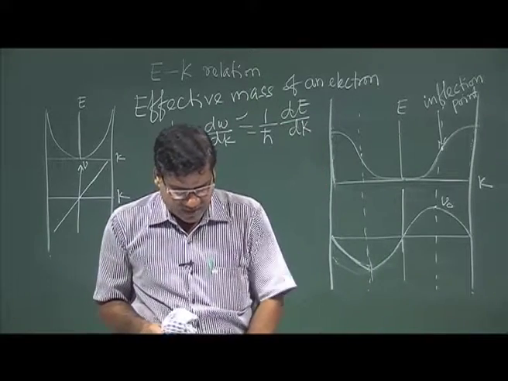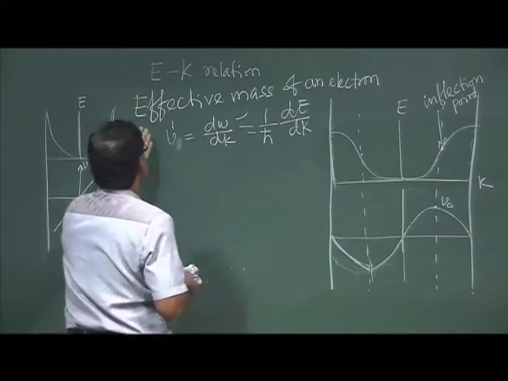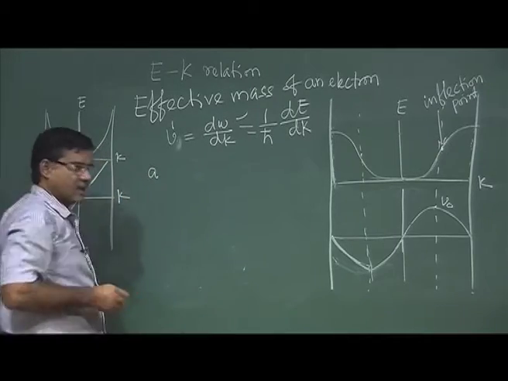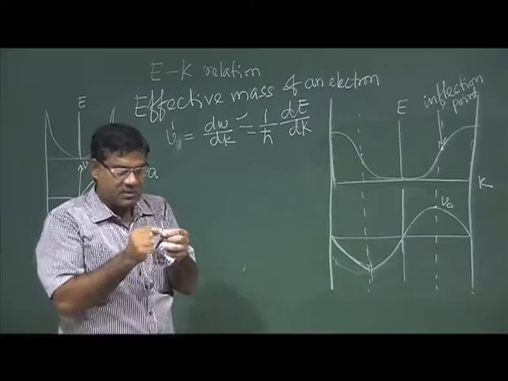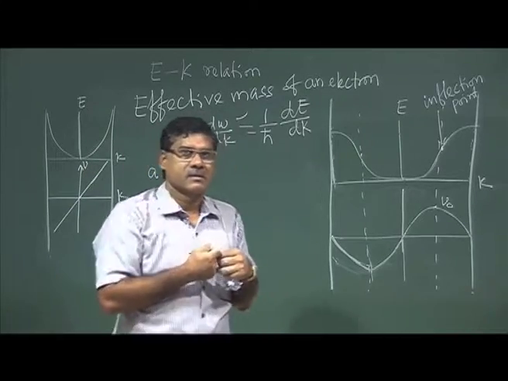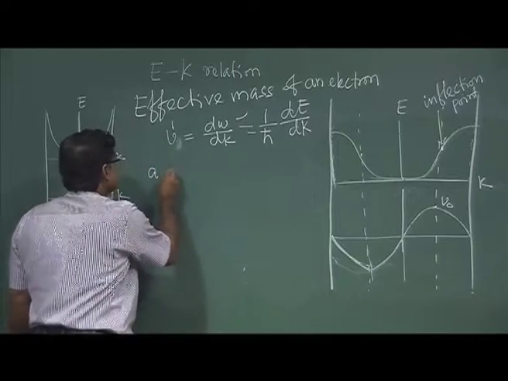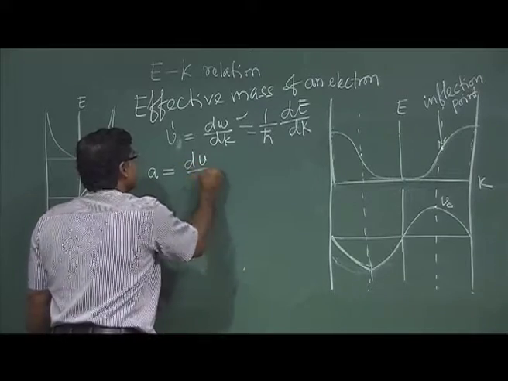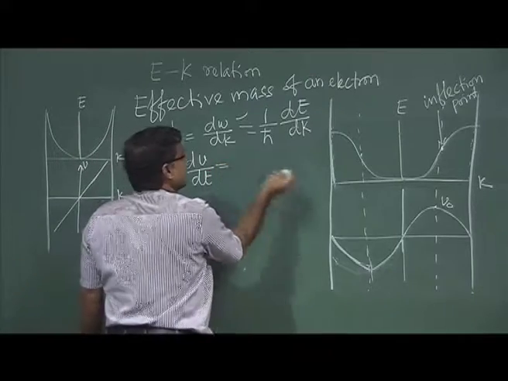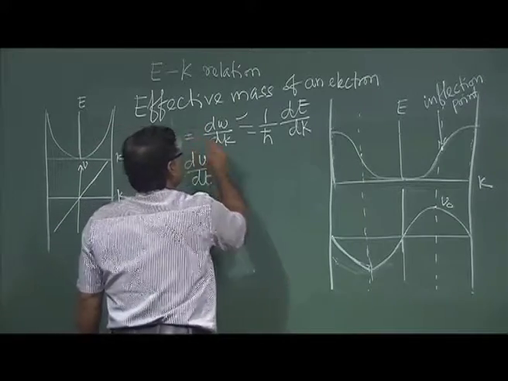Here also we will find the definition of this effective mass. You know acceleration: if an electron is there and you apply an electric field, it will get a force and it will be accelerated. Acceleration is basically the change of velocity with time, right.